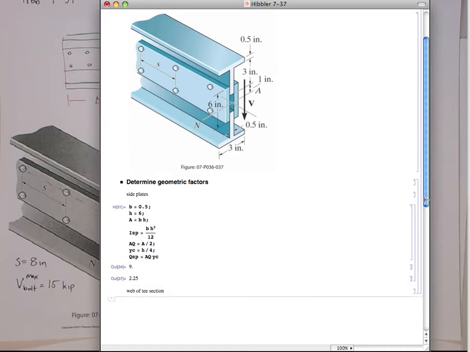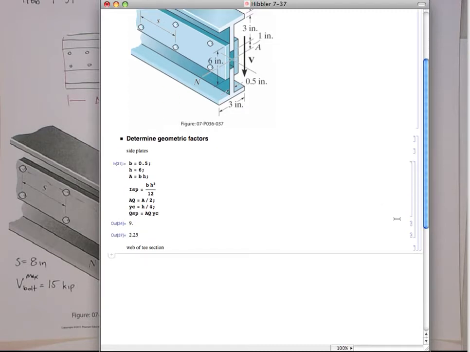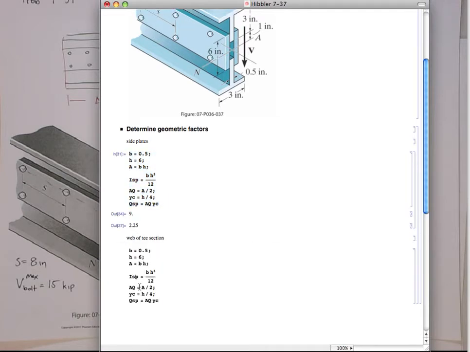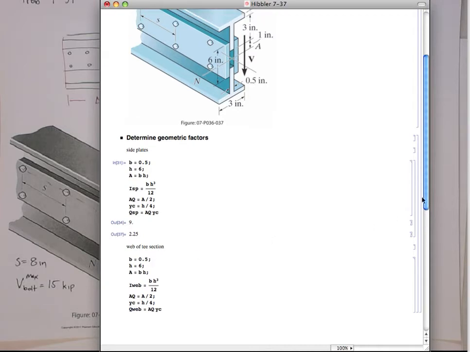Now we can do the same thing for the T section, the web of the T. So I'm just talking about this part of the T. I can actually cut and paste a lot of this stuff. This won't be the side plate. Now we're looking at the web. It's okay to write over base and height. The base is still a half of an inch, but the height now is 3. The I of the web is still the same.